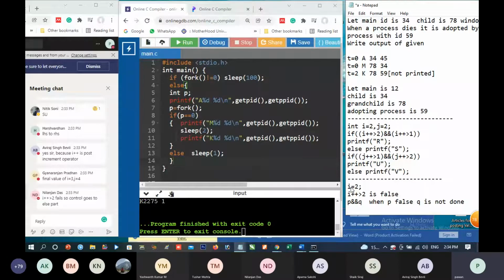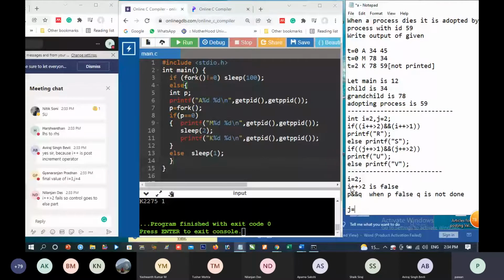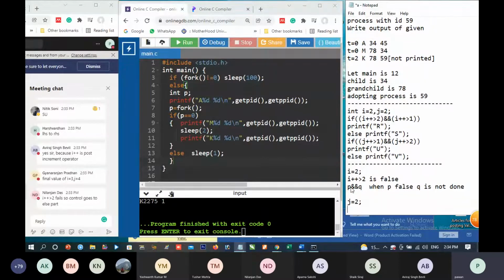Now, the J condition. J equal to 2. J plus plus greater than 1 is true. J is 2, J becomes 3.